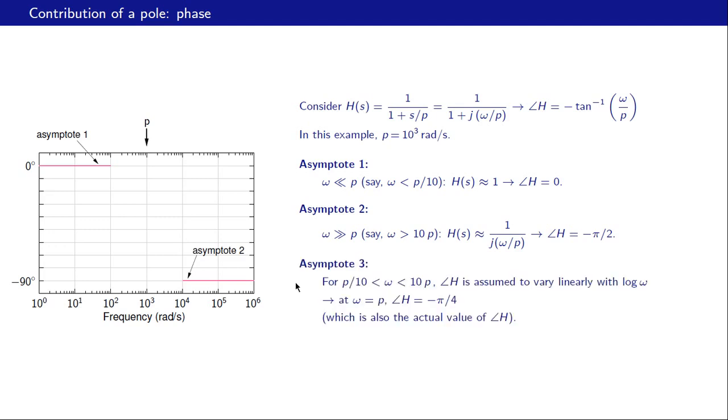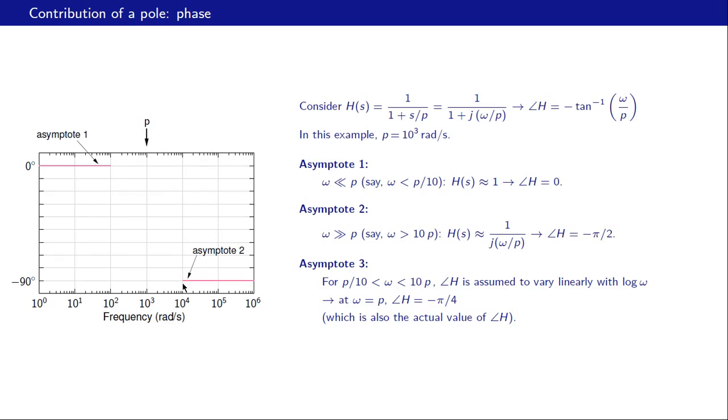Let us now look at the third asymptote, which corresponds to p by 10 less than omega less than 10p. This is our p by 10, this is 10 times p, so we are talking about this region here. Now in this region we assume that the angle of h varies linearly with log omega. That means we have a straight line connecting these 2 points, and that is our third asymptote.